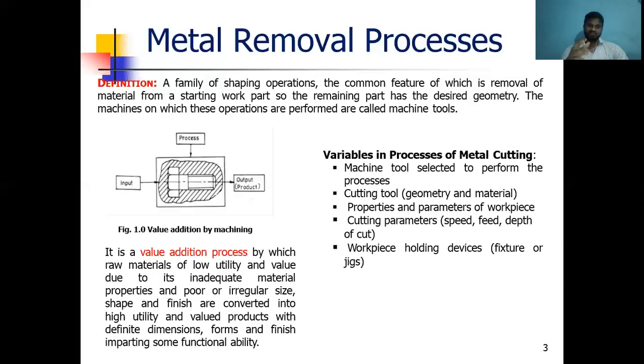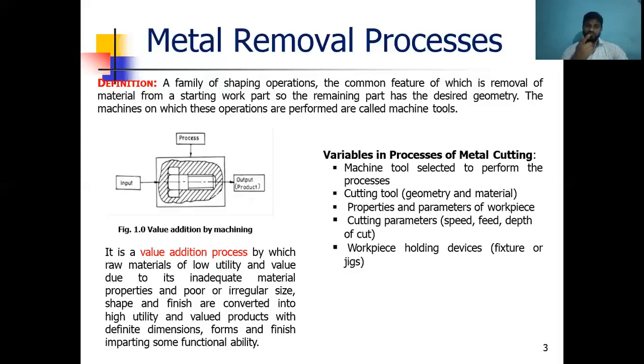The next one is the cutting tool, meaning the object used to remove material from the main workpiece. The tool also has geometry and material. What is the material used to remove the material in the formation of chips?